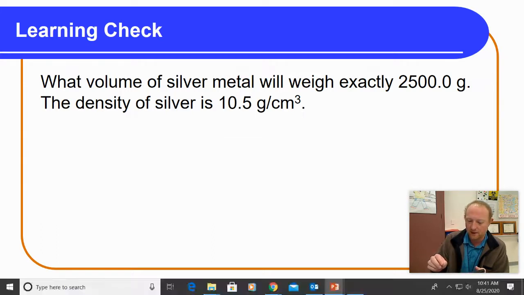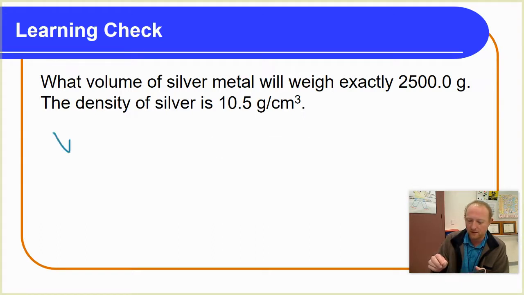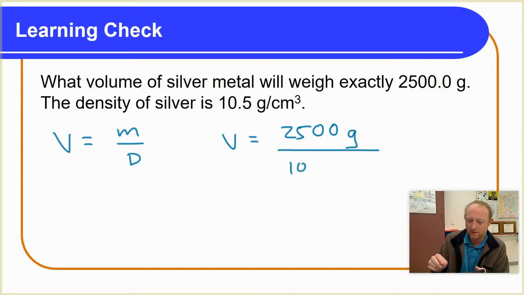The volume of an object, V, is equal to the mass divided by the density. So in the question, they tell us that our silver is exactly 2,500 grams. They gave us the density of 10.5 grams per cubic centimeter.